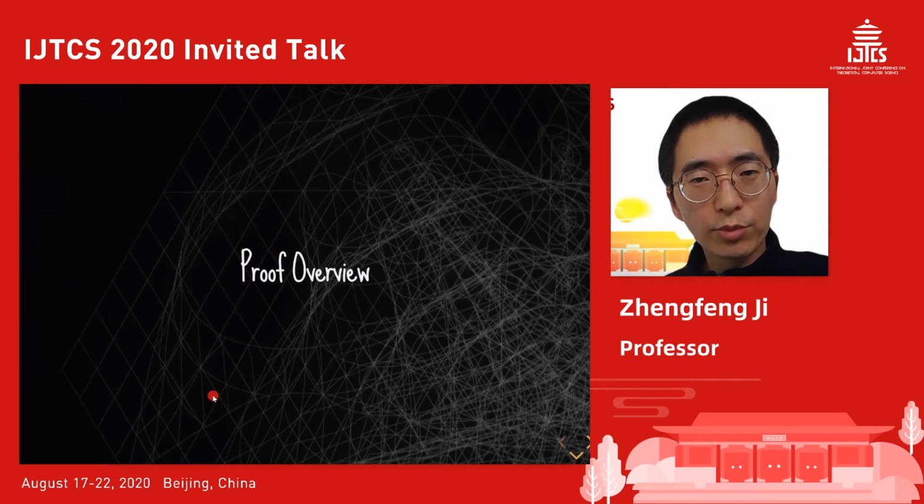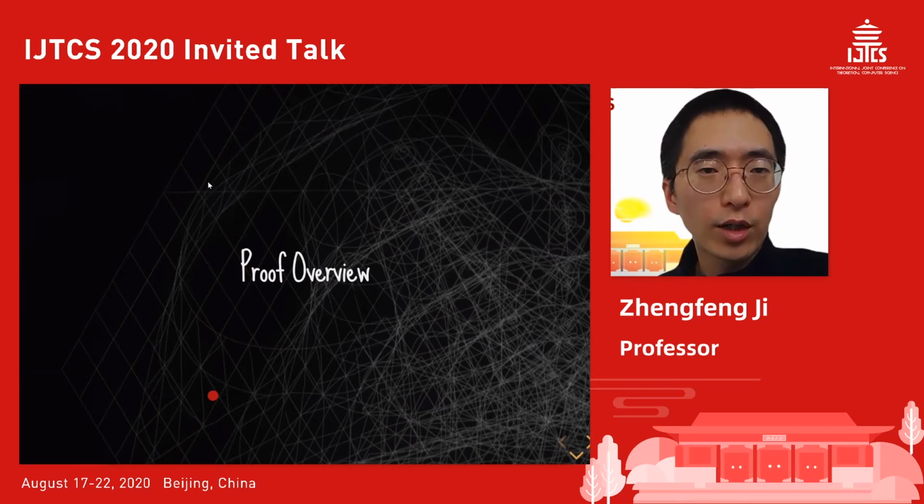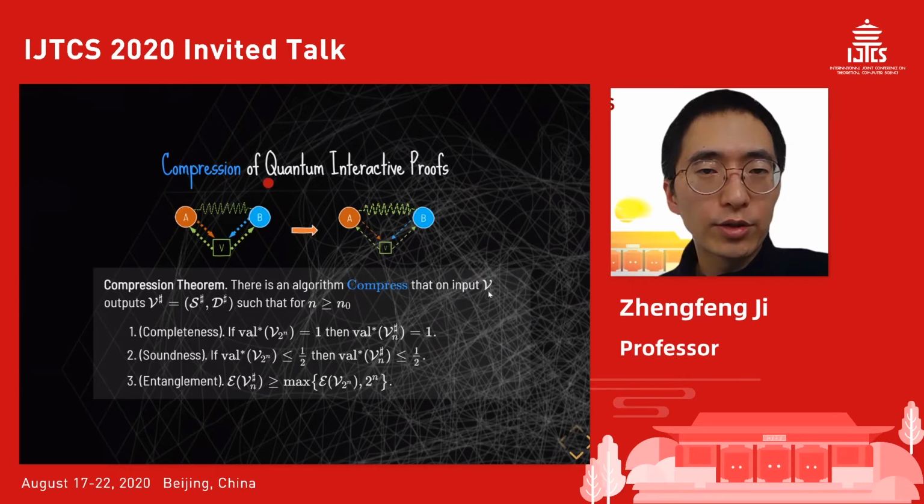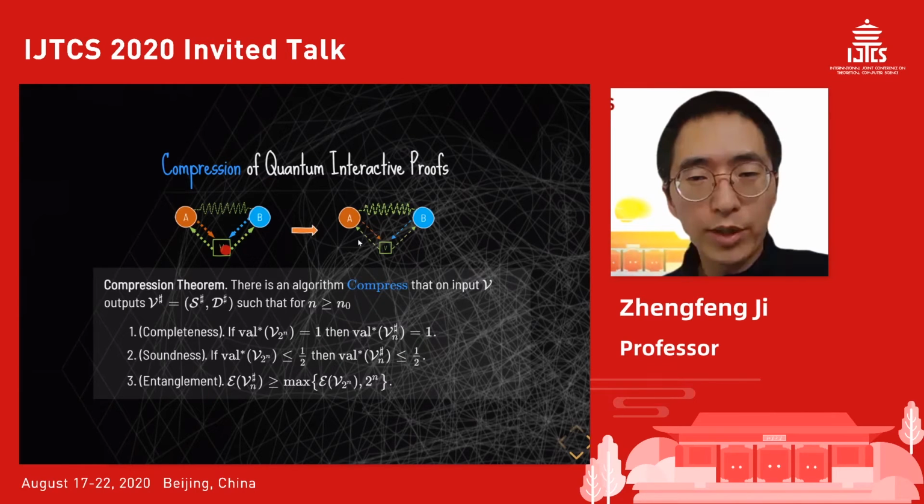So, the proof overview. The essential part of the technique is compression. A game is defined by a family of, like, a pair of Turing machines.